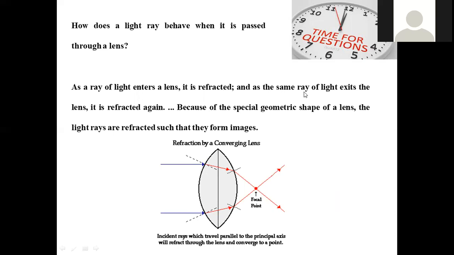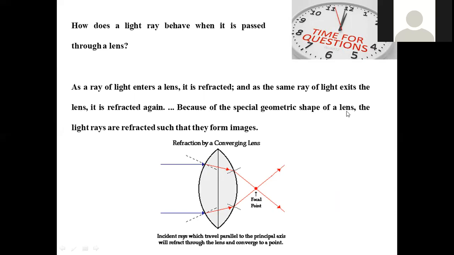As the same ray of light exits the lens, it is refracted again. If we have curvature on two sides, refraction takes place at the surface and also at the outer region, so in both regions you can observe such bending of light.